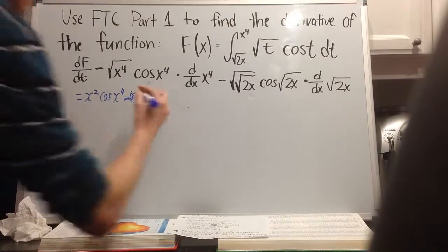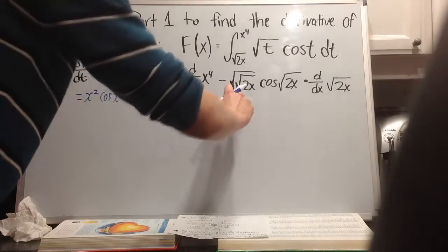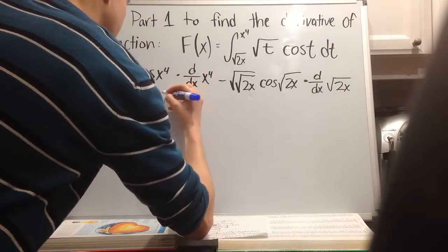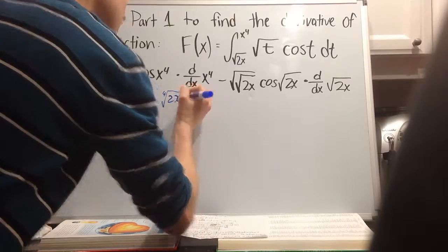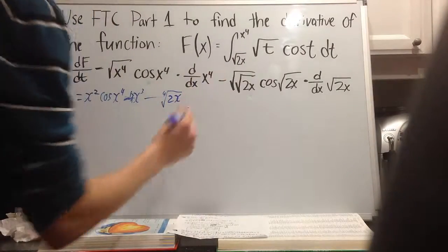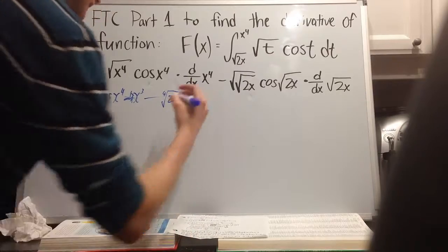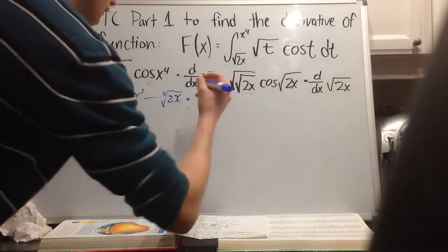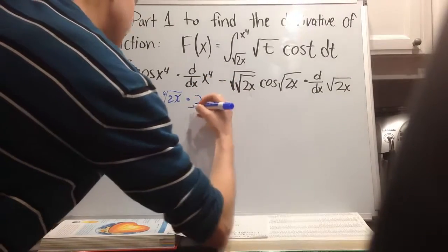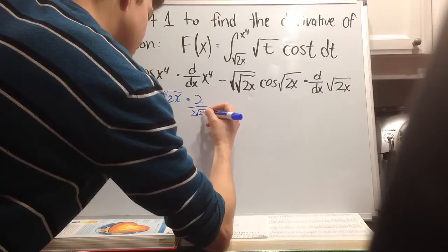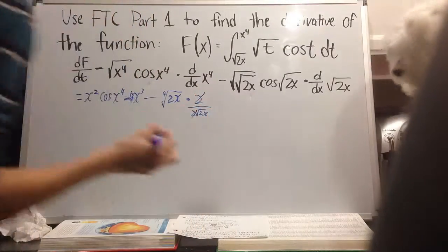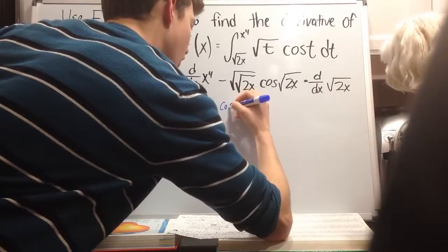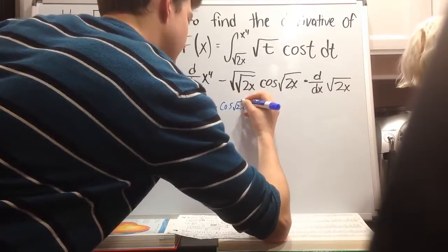And then from there we go minus the 4th root of 2x, times the derivative of root 2x, which becomes 2 over 2 root 2x, and of course these 2's cancel, and then that all multiplied by cos of root 2x.